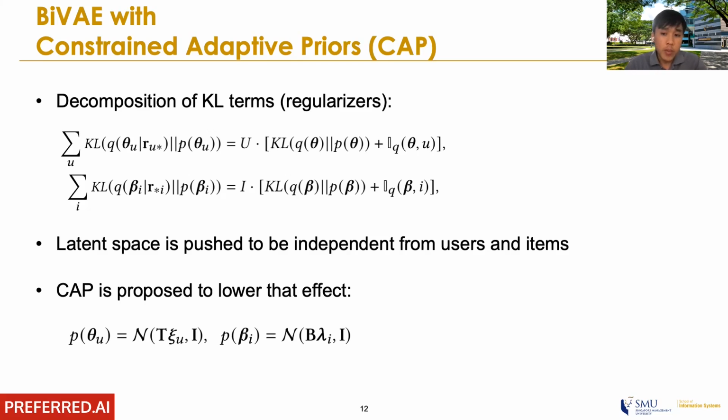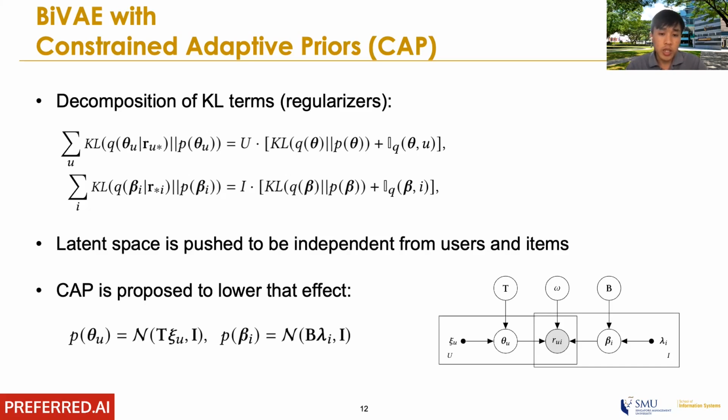This is the form of the CAP, where we have the adaptive transformation, the T matrix and the B matrix there. And this is the generative model. With the CAP, we can mitigate the posterior collapse problem.